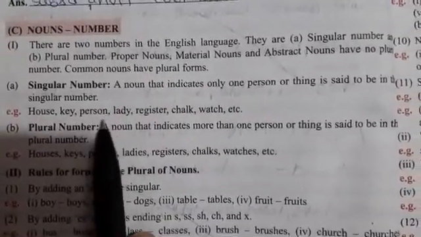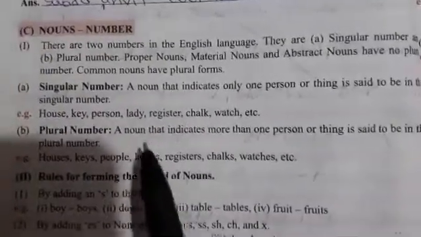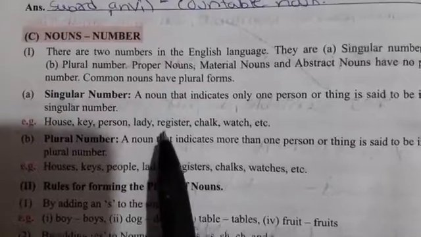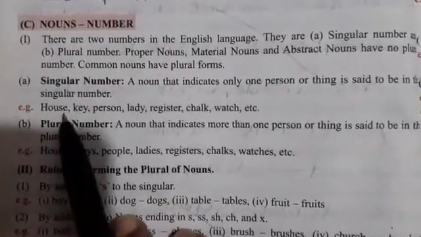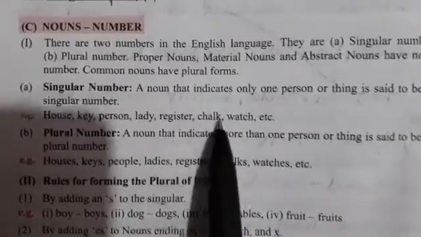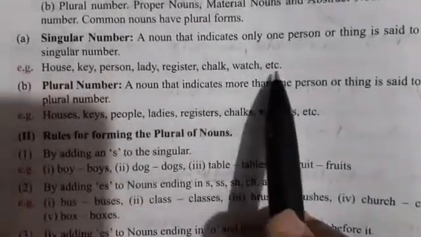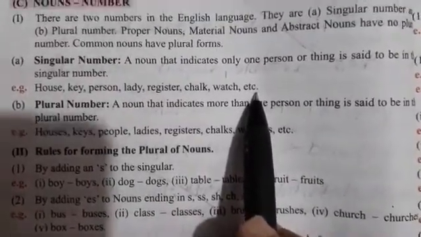A person is sleeping. A lady is driving a bicycle. So like that. For example house, key, person, lady, register, chalk, watch, etc. These are all examples of singular number.